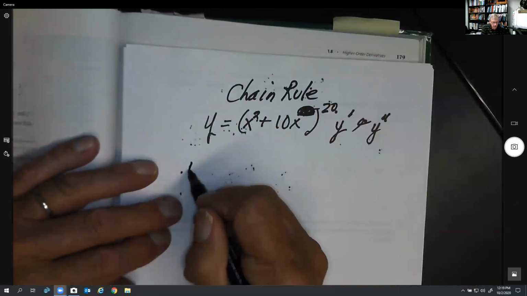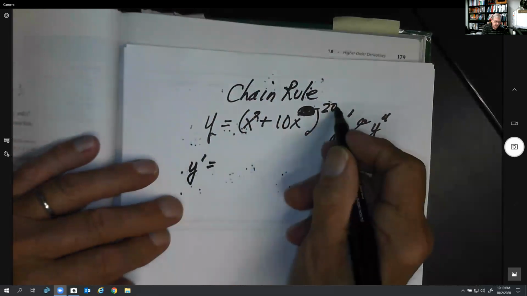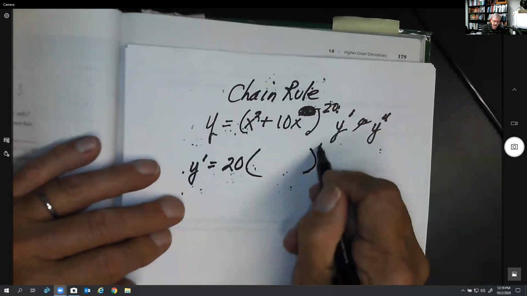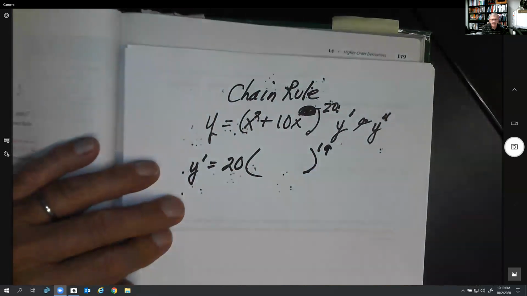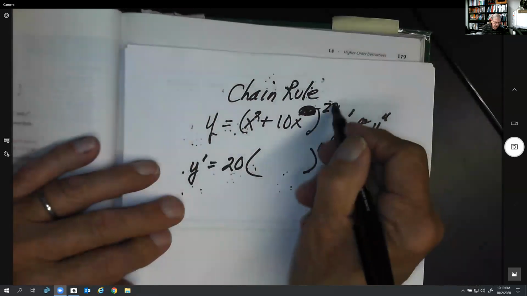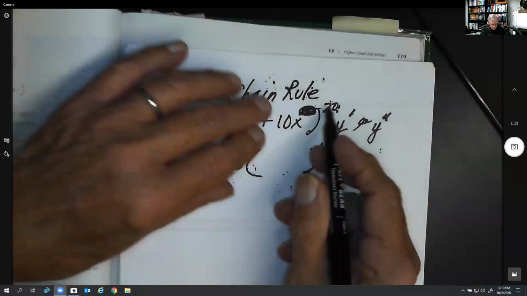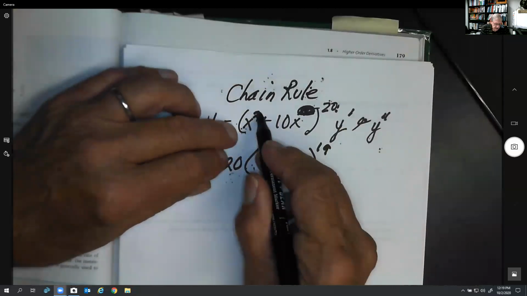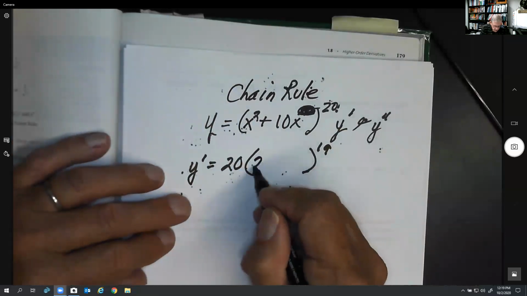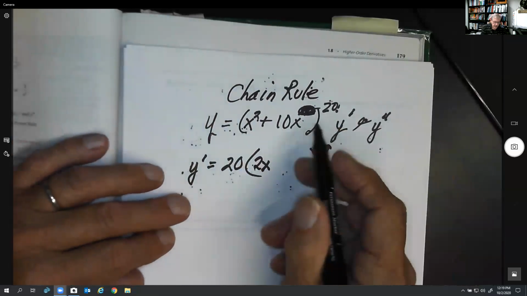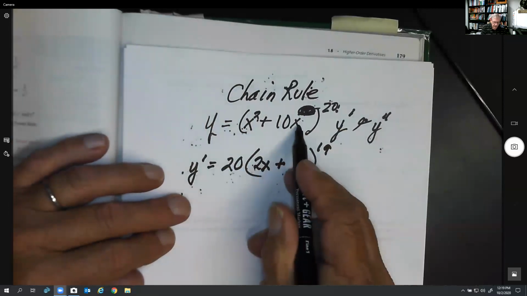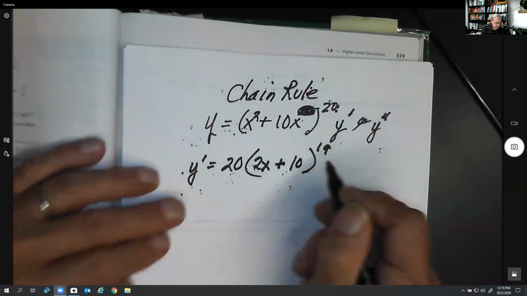So y prime is equal to 20 times the parentheses to the 19th power. That gets rid of the 20. Now that's the outside. Now we've got to take the derivative of the inside. Derivative of the first term is 2x plus the derivative of this term is 10.